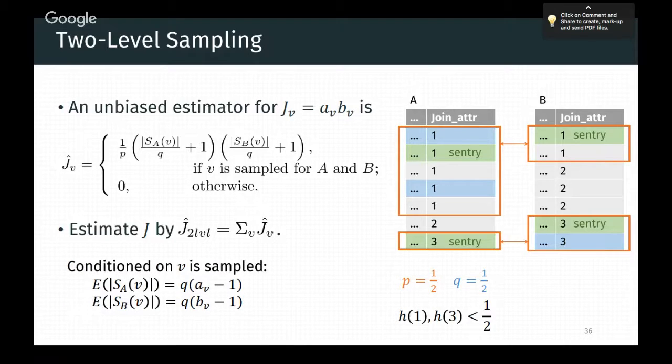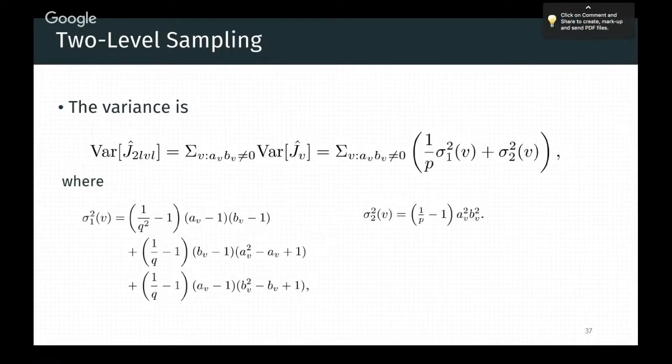So E[XY] equals E[X] times E[Y] conditioned on v being sampled, and the number of blue tuples we sample in the second level follows the binomial distribution, so its mean is q times (A_v minus 1), where the 1 is for the sentry. Then this becomes an unbiased estimator for the join size. And here is the variance for our two-level sampling estimator.